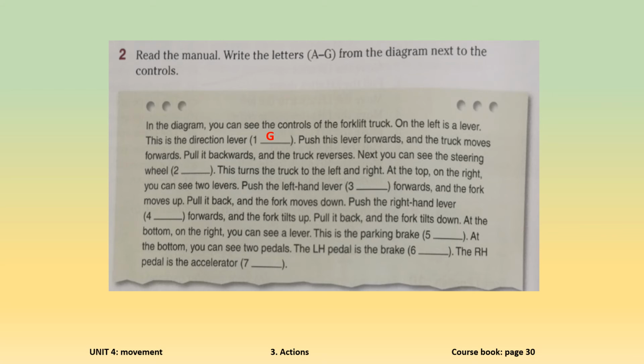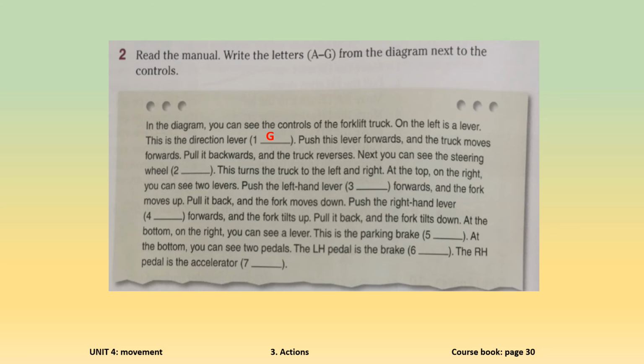Push the left-hand lever forwards and the fork moves up. Pull it back and the fork moves down. Push the right-hand lever forwards and the fork tilts up. Pull it back and the fork tilts down.